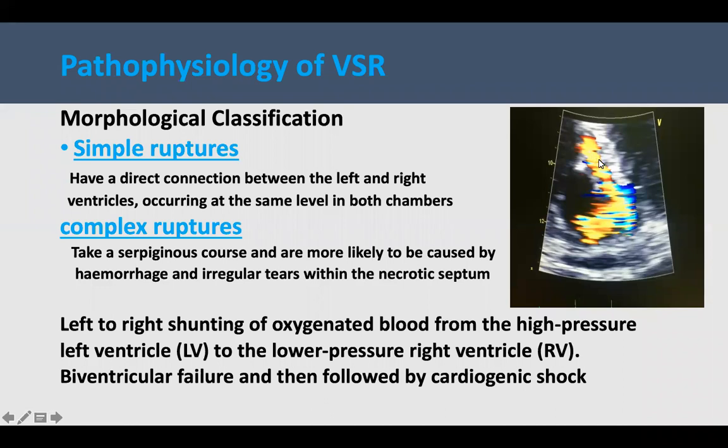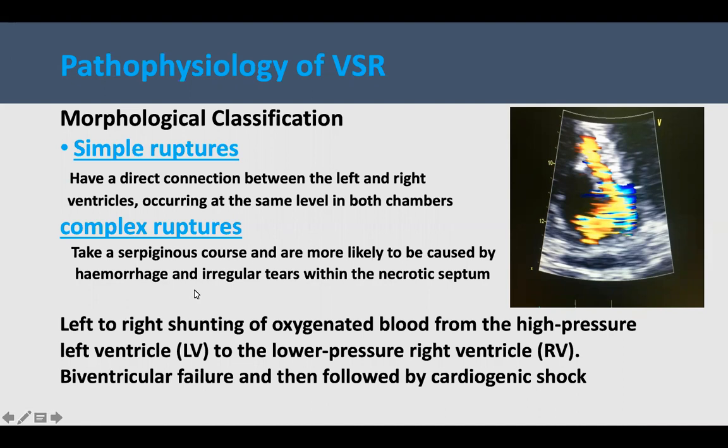This picture is one of our patients who presented with an acute MI and had a dissection in the septum. The whole septum can be hemorrhagic and necrotic, and there may be a long dissection path within the septum.